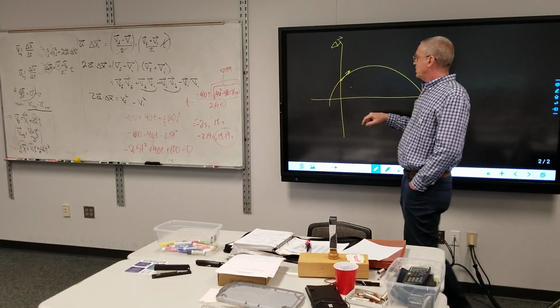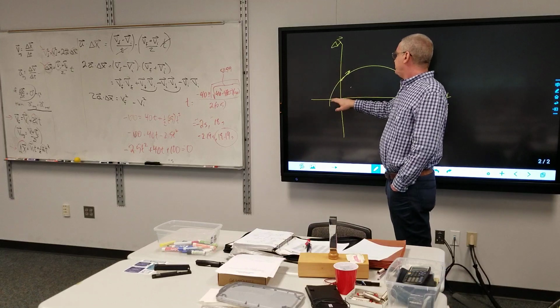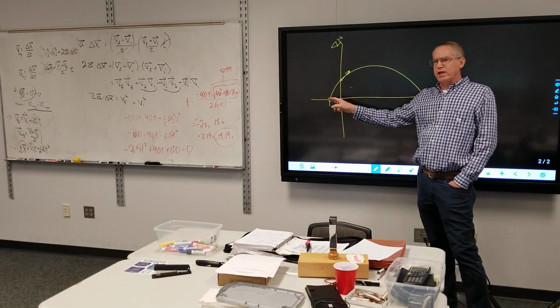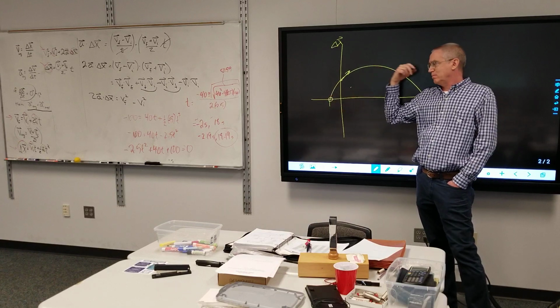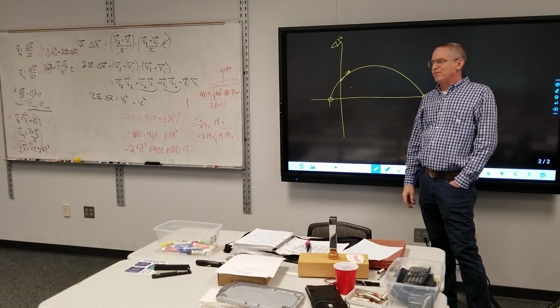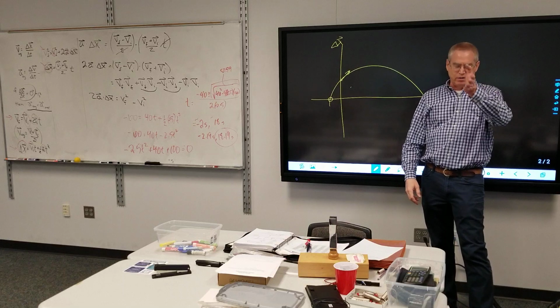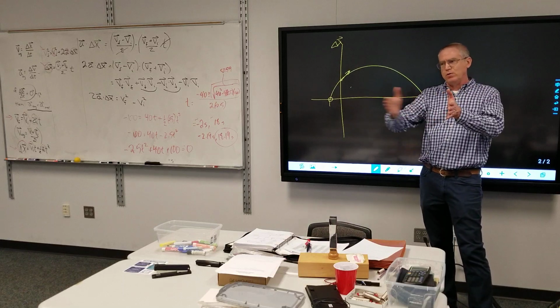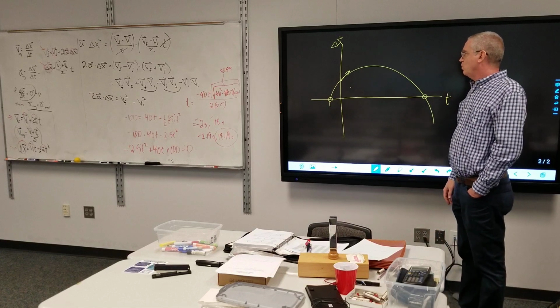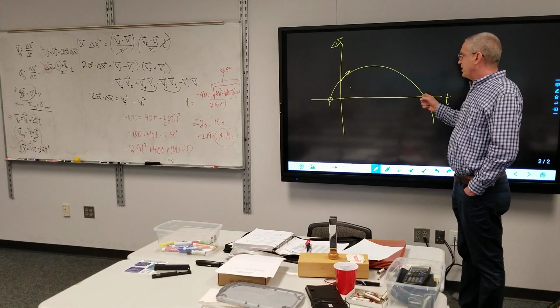I guess that would be a position time graph. It finds the zeros there. One of them is negative, which takes place before time begins. The math does not know that it started going 40 meters per second. It does not know that there was nothing before time is equal to 0. And so the positive answer is the right one.